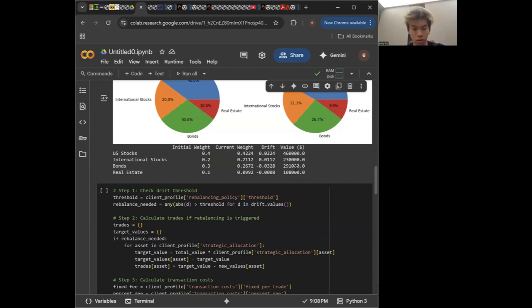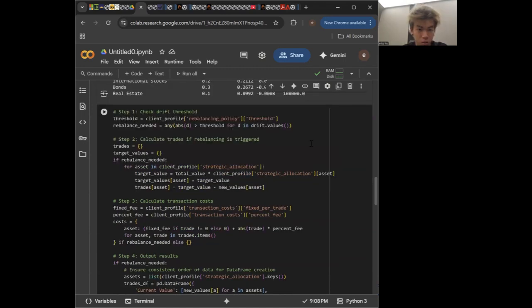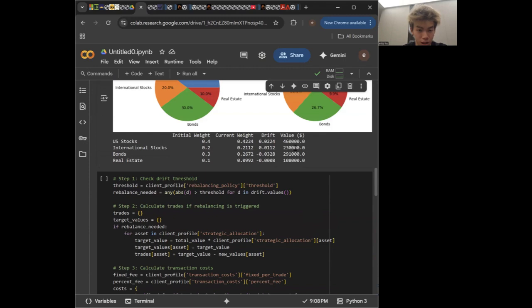So rebalancing will be needed for this profile if the drift allowance is 3%. For this part, the system takes the drift for each asset and compares it against the drift allowance, which was set initially.